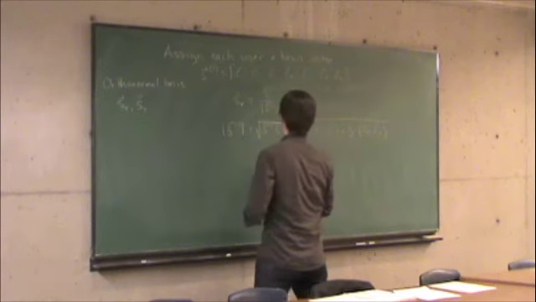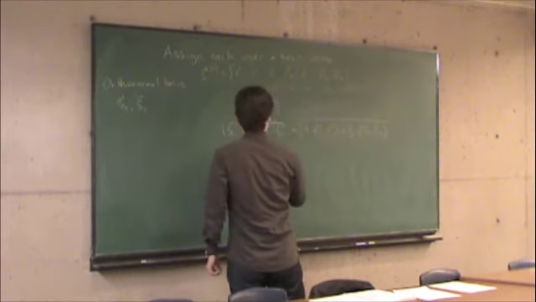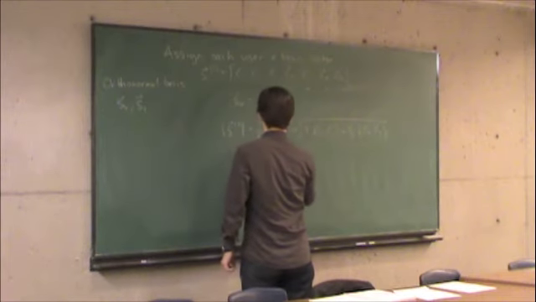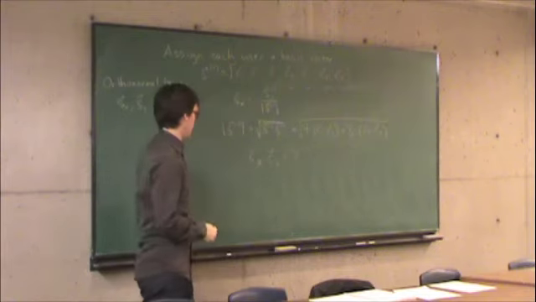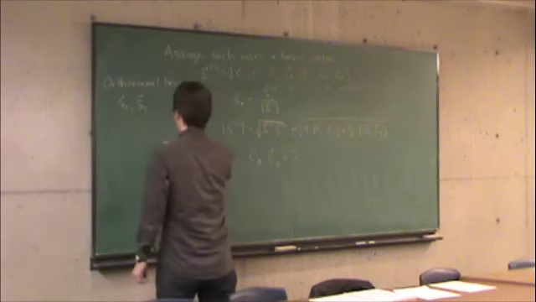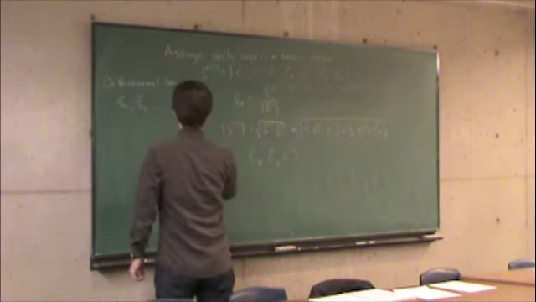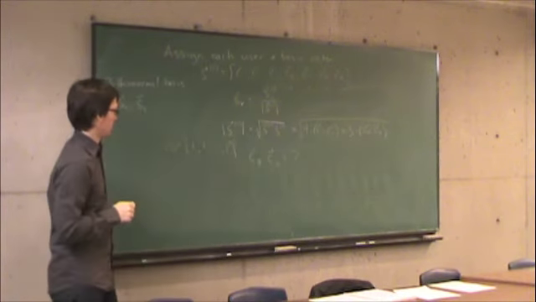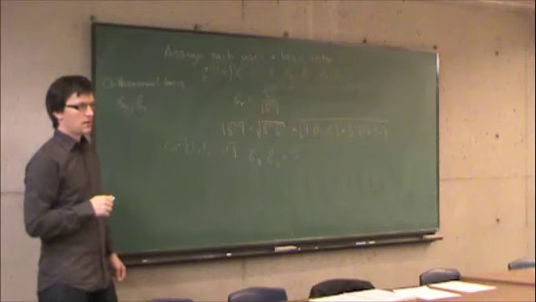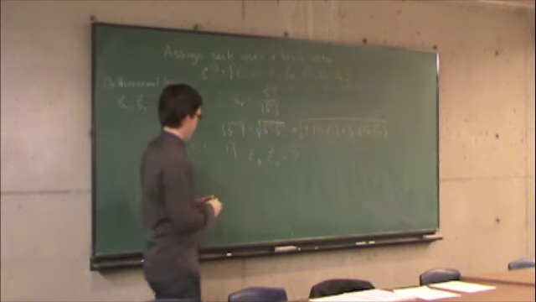So let's start with C0. C0 dot C0 is what? C0 is equal to this, with length NC. So C0 dot C0 is just NC.